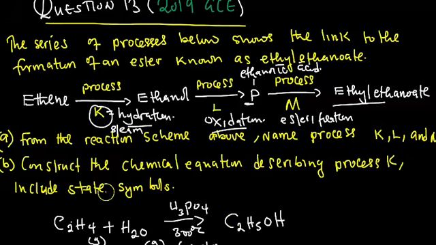So this is the chemical equation that will occur for this process. Is it balanced? If I check, carbon 2, carbon 2. Hydrogen here, we have how many? 6. Here, 6. Oxygen here, 1, oxygen here, 1. So the equation is balanced.